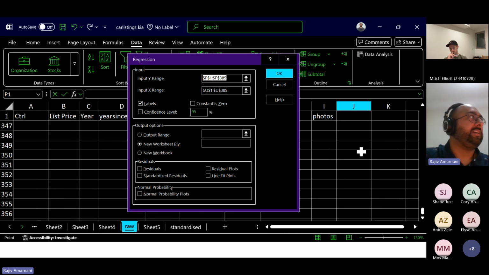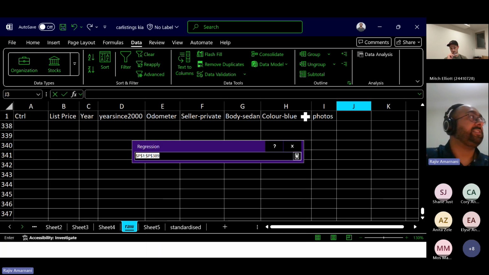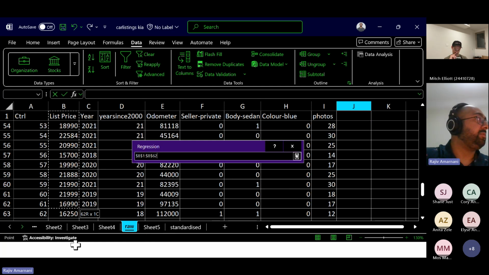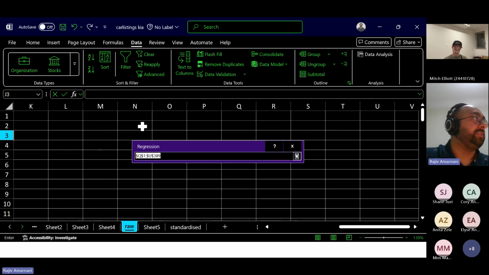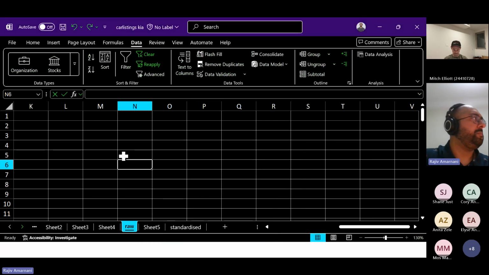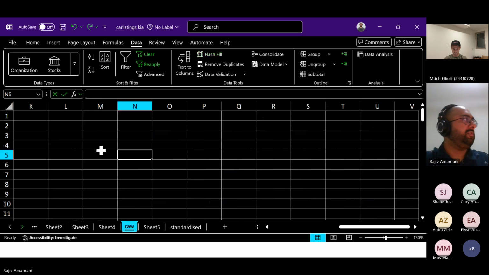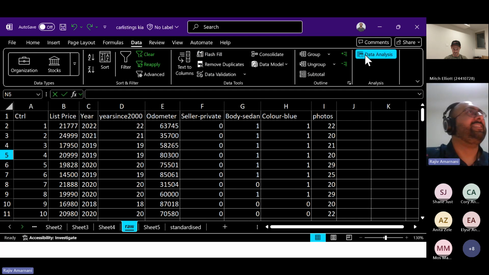This seems right. The X variable is, no, hold on, I have to do this again. So the Y variable is like so. X variable is, strange. Huh, all my data disappeared. Oh, okay.